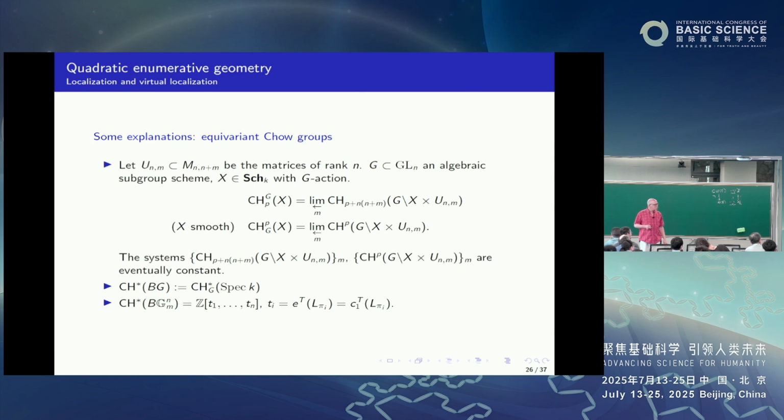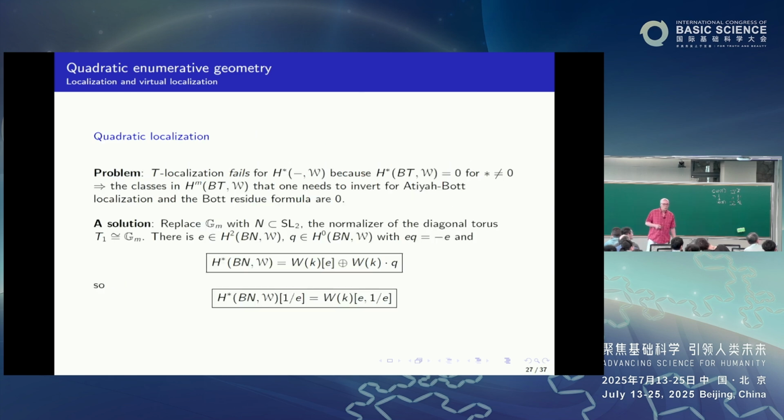Okay. So what about the quadratic theory? Well, there's a problem that when you try to do torus localization for Witt cohomology, it fails completely because you can compute that the Witt cohomology of BG_m is actually 0 in positive degrees.